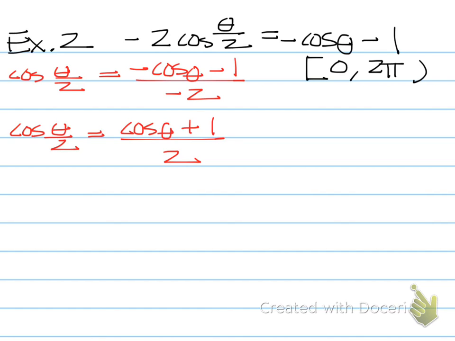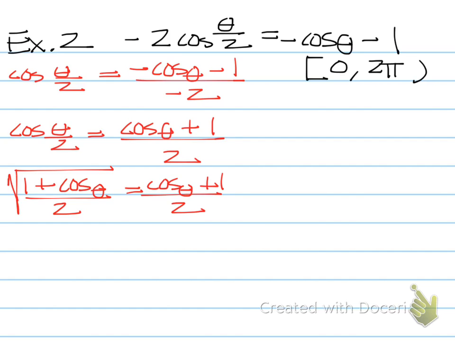I divide the -1 into both of the terms in the numerator to get cosine theta plus 1 over 2. And now I replace the cosine of theta over 2 with the half angle identity. I get the square root of 1 plus cosine theta over 2.